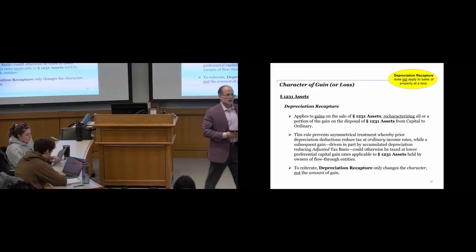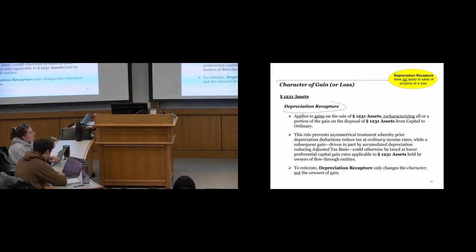So, 1231 assets, I have to deal with depreciation. Okay? When I determined my adjusted tax basis, it was initial basis less accumulated depreciation. So some of my gain can be attributable to reducing my initial basis down to adjusted tax basis, i.e. my prior depreciation deductions.